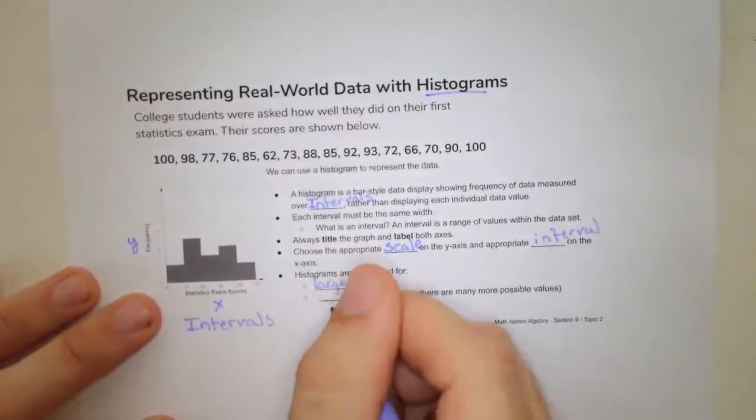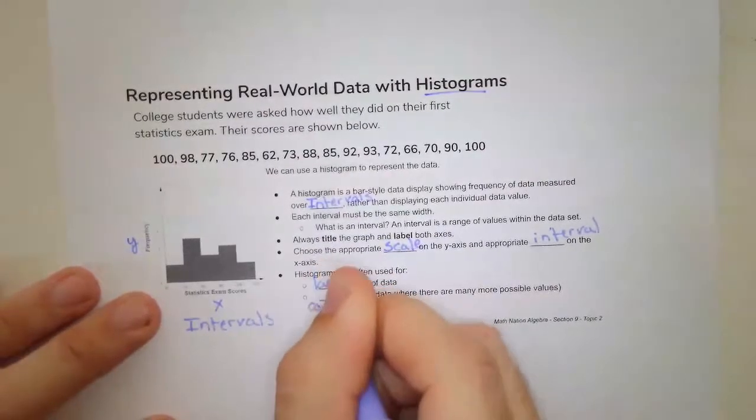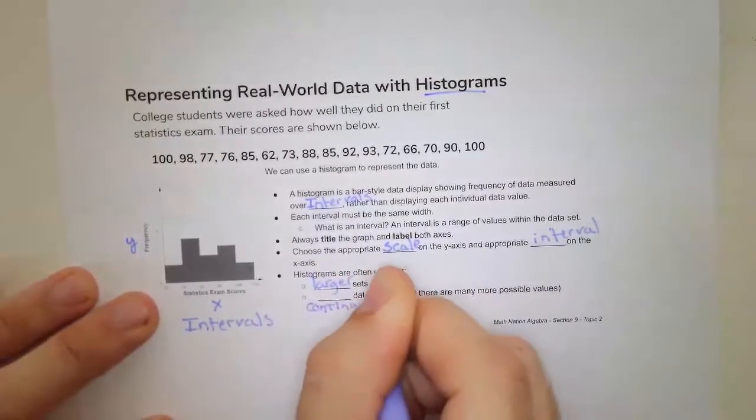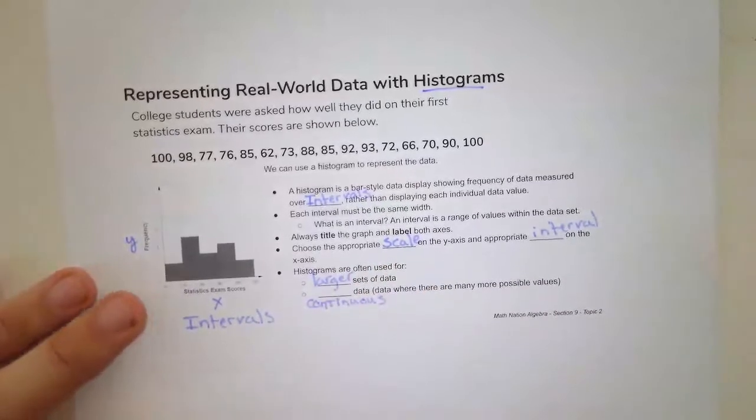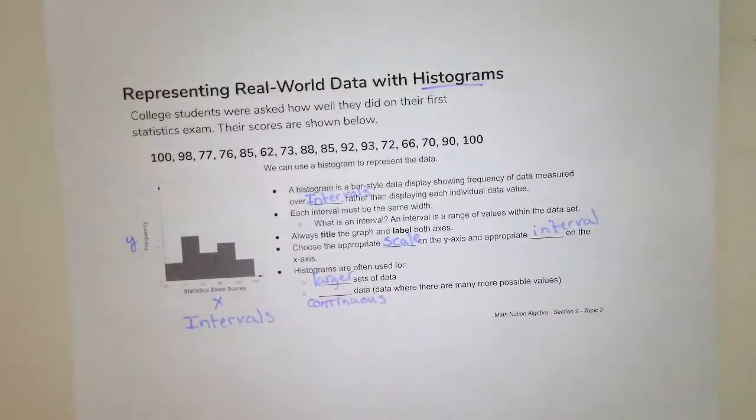And this is continuous data. Continuous data just means that it can be decimals, it can go on forever. There's no choosing 1, 2, 3, or 4. It could be 1.2, it could be 3.4, it could be 5.492. It's data where there are more possible values.